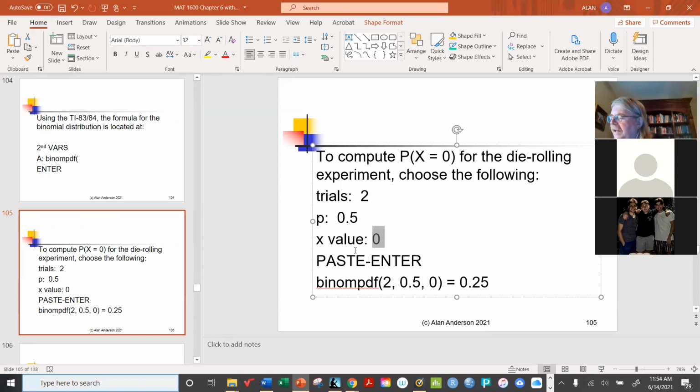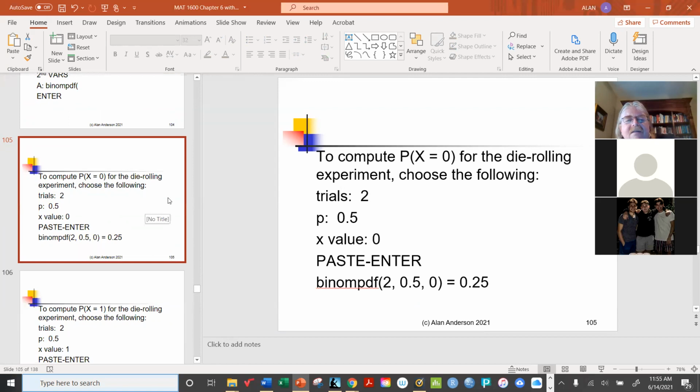Then you hit, in my case, it says paste enter. And when it comes back to the full screen, you should have 0.25. So how easy was that? Very easy.